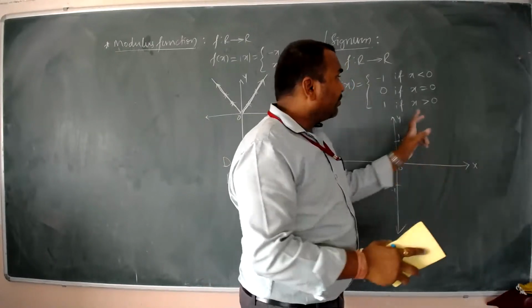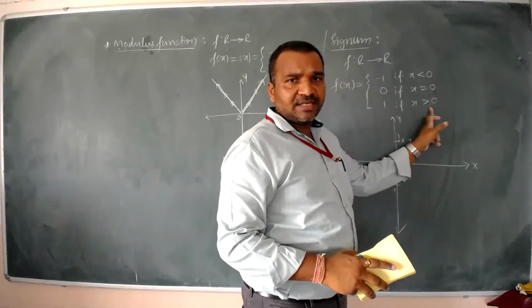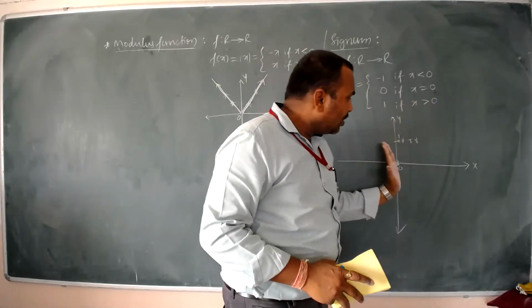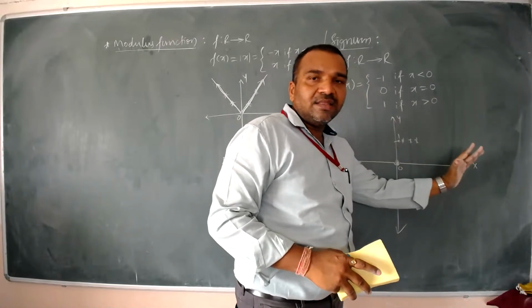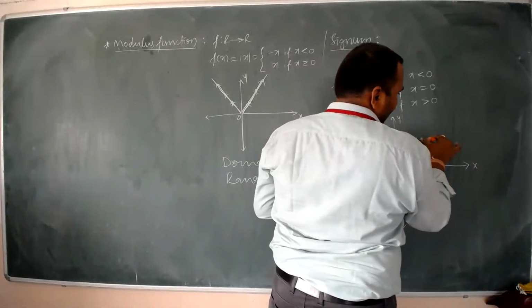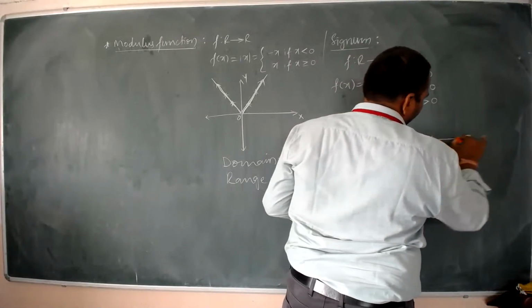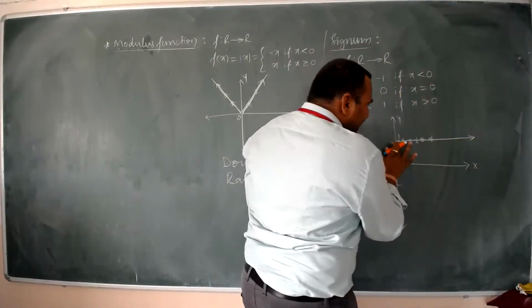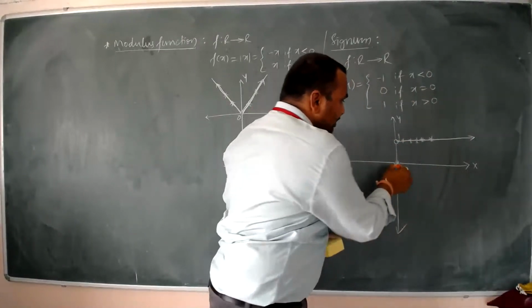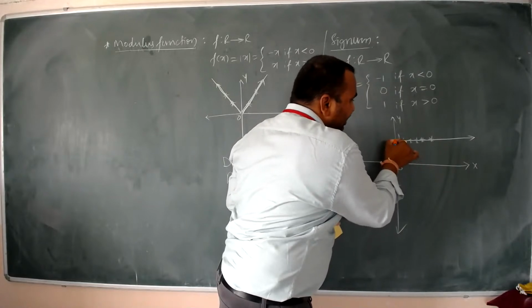For every positive value of x, f of x is 1. So from the right side of the origin, all the values approach 1 only. It cannot touch the origin here because at 0 the answer is 0, so we keep it open.